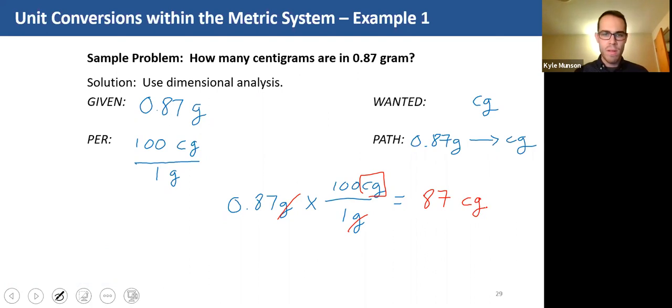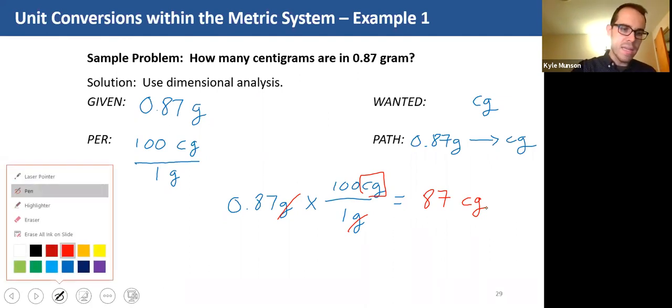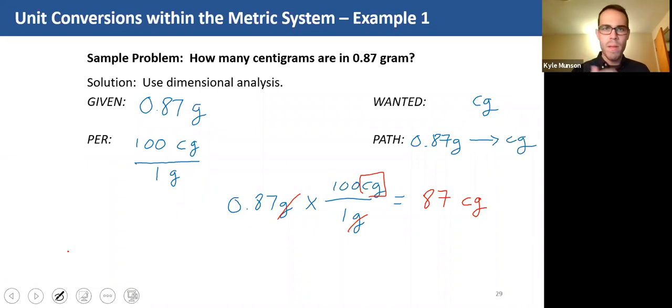That's my answer. Let me just double check that in my calculator one more time. 0.87 times 100. Yep, 87 centigrams. So that's an example of using dimensional analysis to convert within the metric system. Okay, that's our first example.